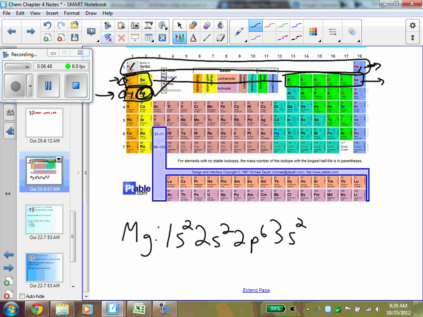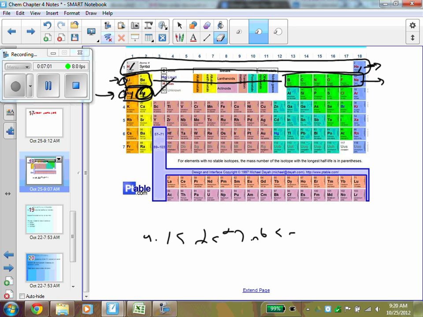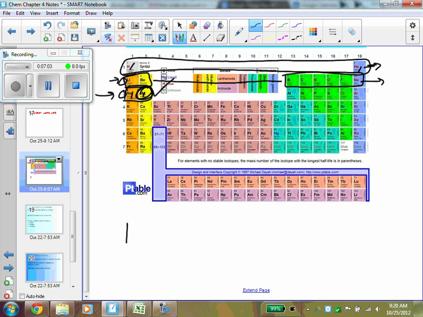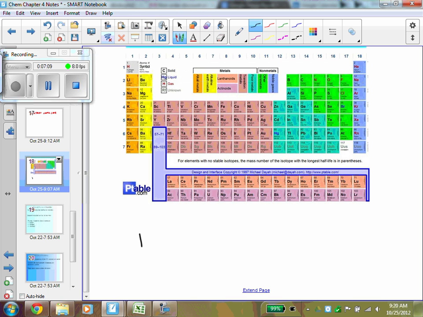Let's try one more before we get into anything that's a little bit tougher. Okay, let's try phosphorus. Okay, phosphorus is going to be 1s2.